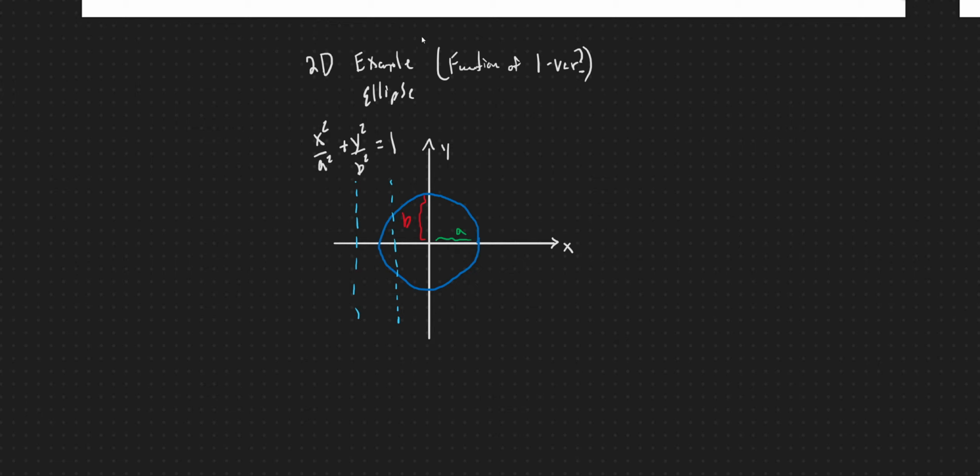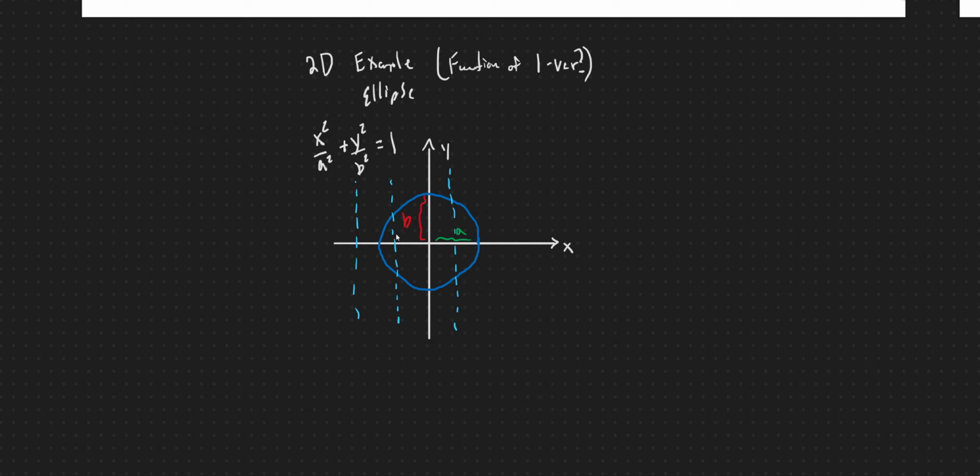In the case of a function of one variable, we have the vertical line test. Remember that we need to check every line parallel to the y-axis and check if it intersects our curve more than once. If there exists one line that intersects our curve more than once, then immediately our curve is not a function of a single variable.